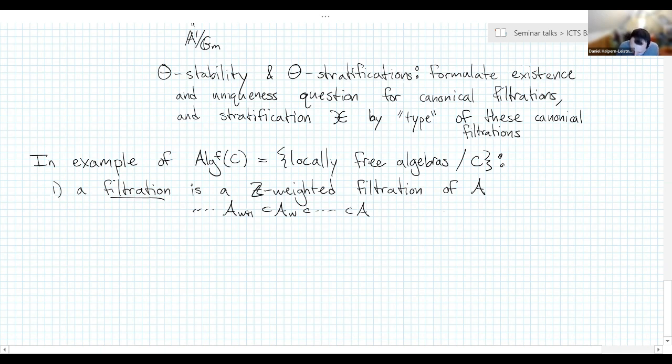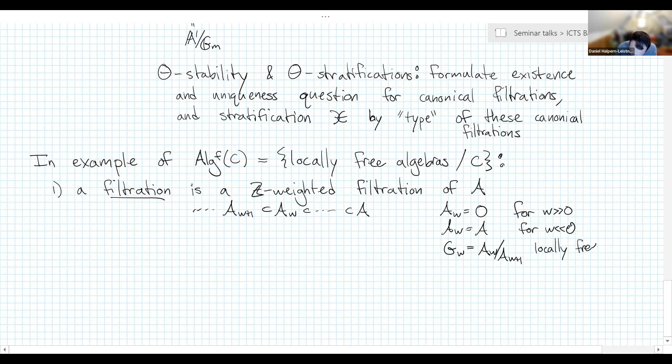You need A_w to be 0 for large w, and A_w equals A for small w, and the graded piece G_w, which is A_w mod A_{w+1}, is locally free.